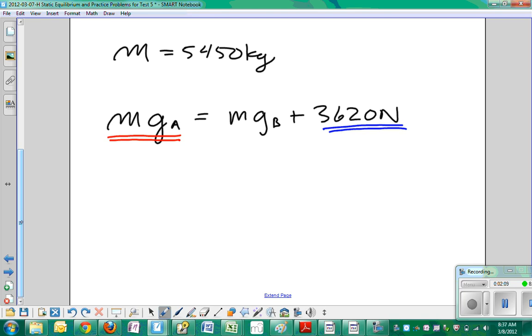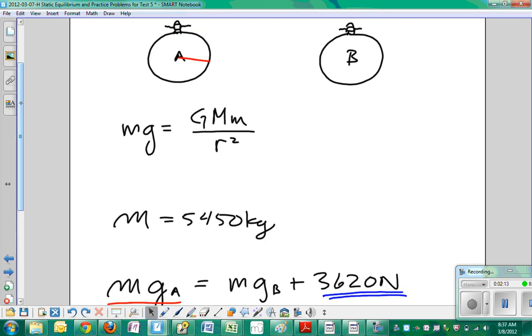So now, if you take a look at this up here, we know that mg is equal to G big M little m over r squared. Well, what's the same on each side? This is for just any object. This is its weight, and this is its weight. So m is the same.